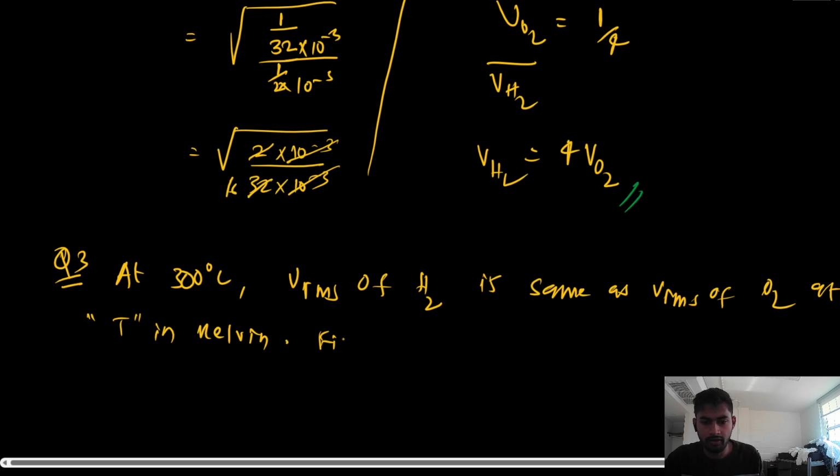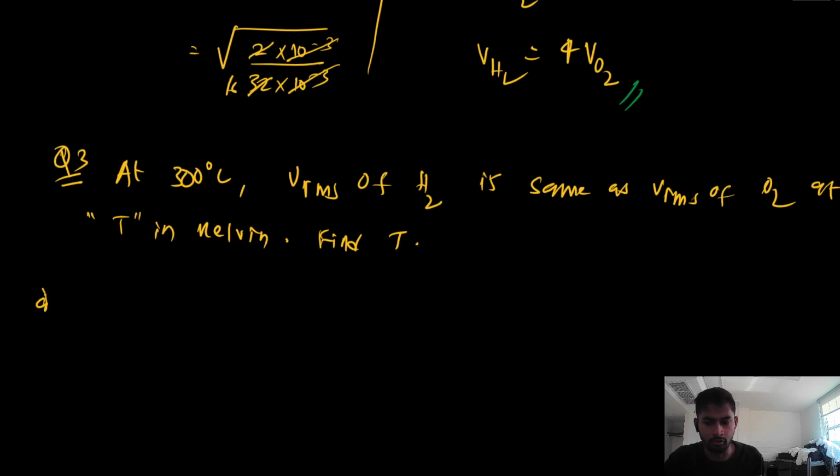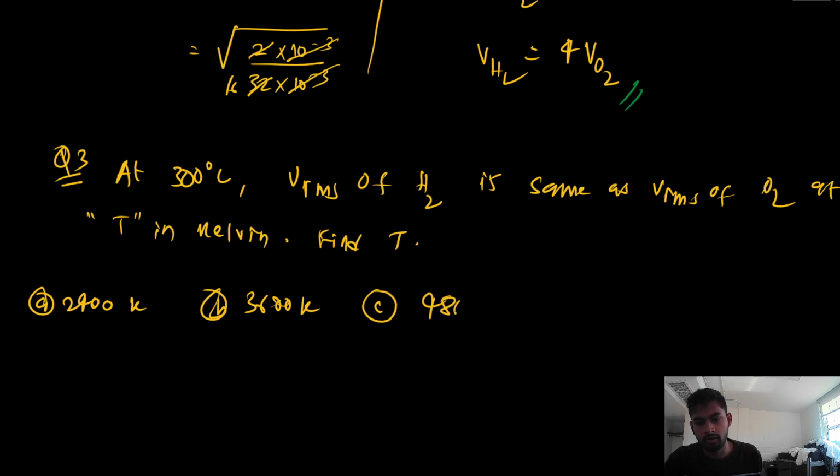Then find T. Options for this answer would be A) 2400 Kelvin, B) 3600 Kelvin, C) 4800 Kelvin, and D) 6000 Kelvin.